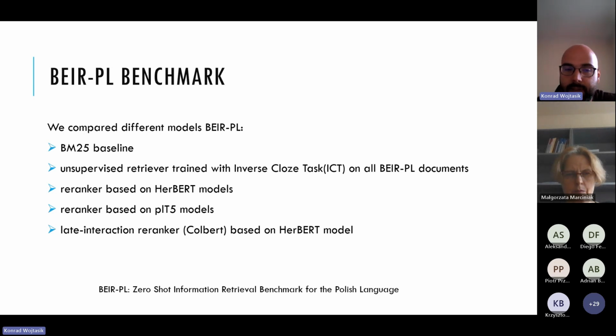So one was sequence to sequence and one not. And another thing, we tried a late interaction re-ranker based on HerBERT. The late interaction is when the interaction is at the last layer of the model. So it doesn't go fully through the model, but only at the last layer there's an interaction, looking for the similarities between the query and document. So those are things that we tried.